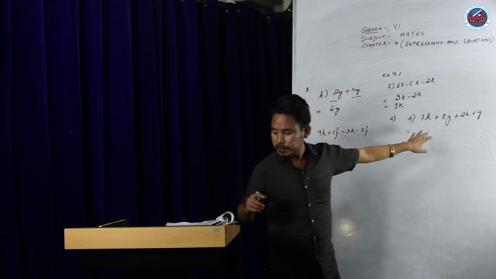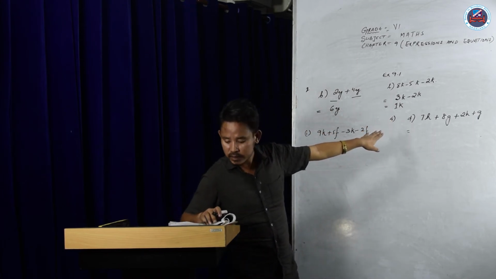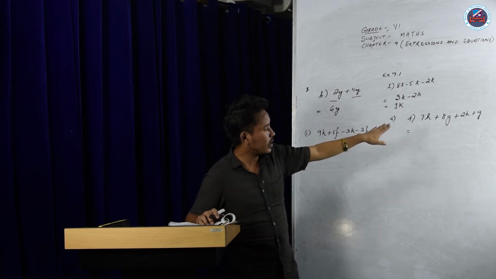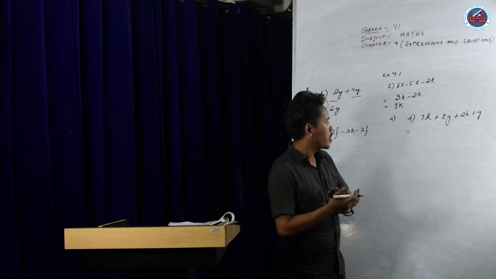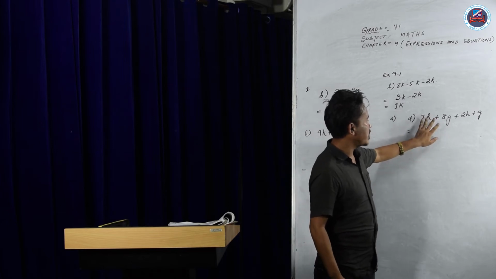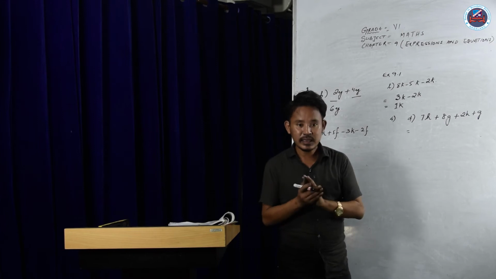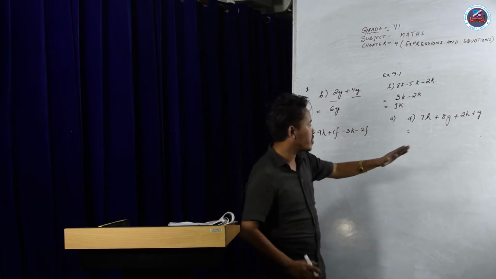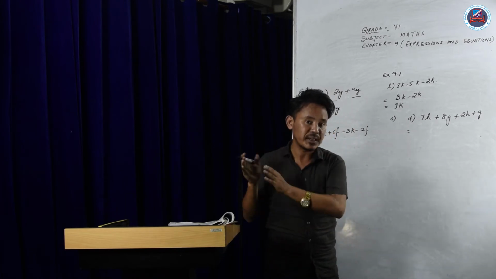Now we can see in question D, there is 7h, 8g, 2h, and g. You can see there are two letters, one is H, the other one is G. We are asked to simplify by bringing the like terms together. What are the like terms here? Let's go alphabetically.